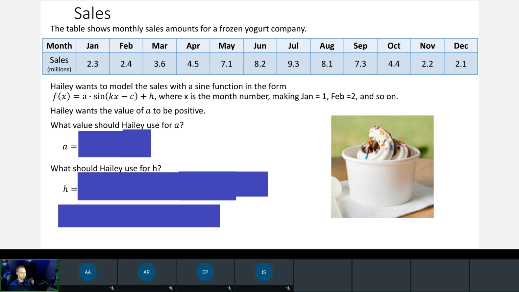All right, so use what we kind of learned last question. How do I find amplitude? Max minus min.